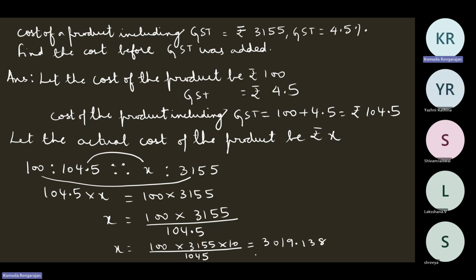It goes on like that. So it is rupees 3019 point, you can just round it off to 14. So without GST, it is 3019.14.